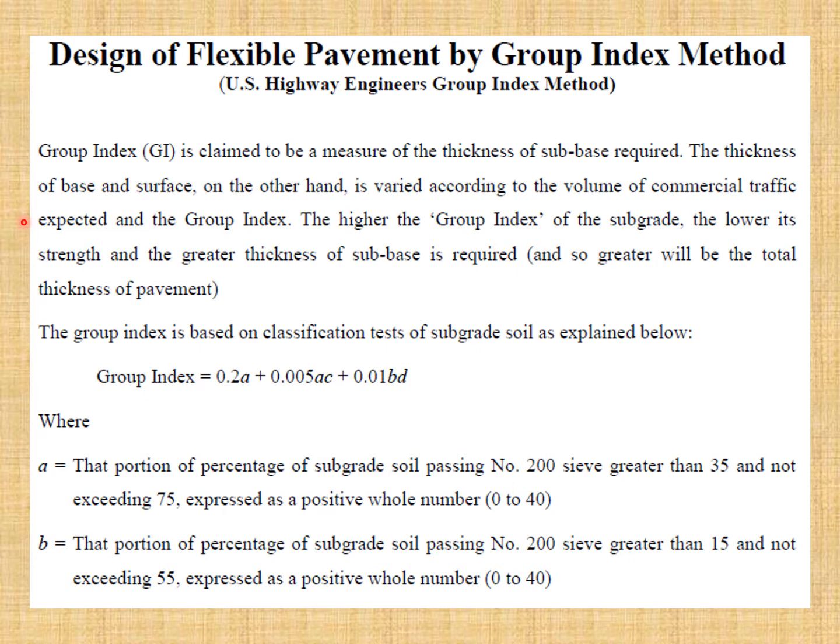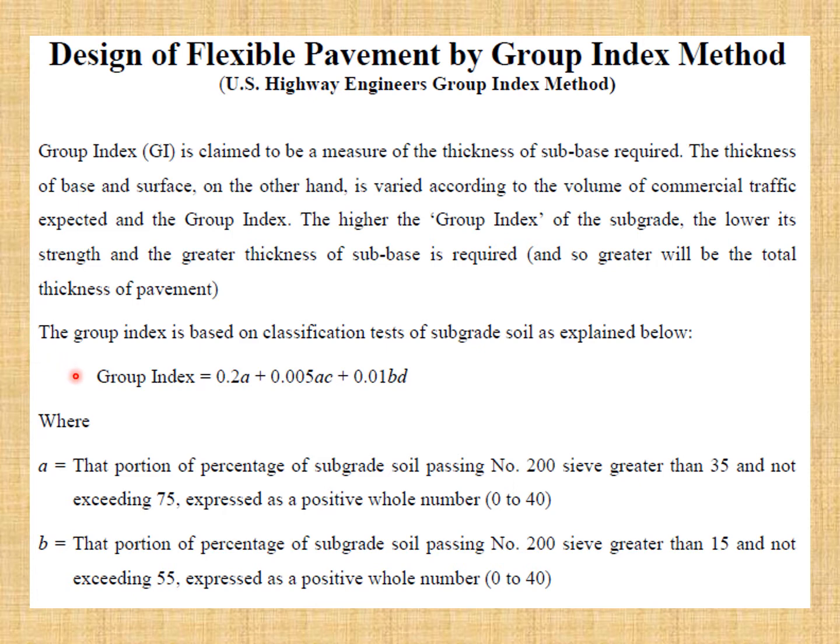The higher the group index of the subgrade, the lower its strength and the greater the thickness of subbase required, and so greater will be the total thickness of pavement. The group index is based on classification test of subgrade soil as explained below.